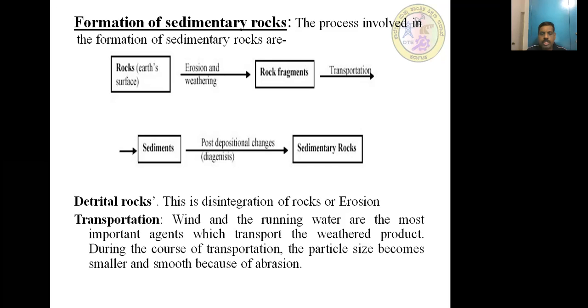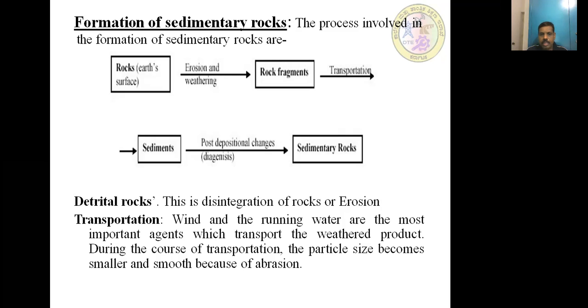Then they are deposited. These sediments are deposited under favorable conditions. These sediments are again subjected to post-depositional changes, that is diagenesis, which leads to the formation of sedimentary rocks.